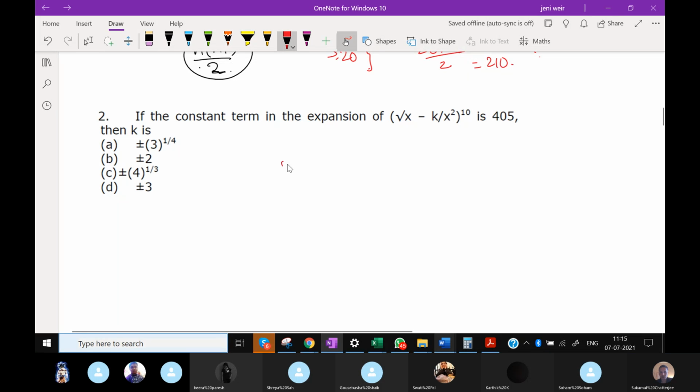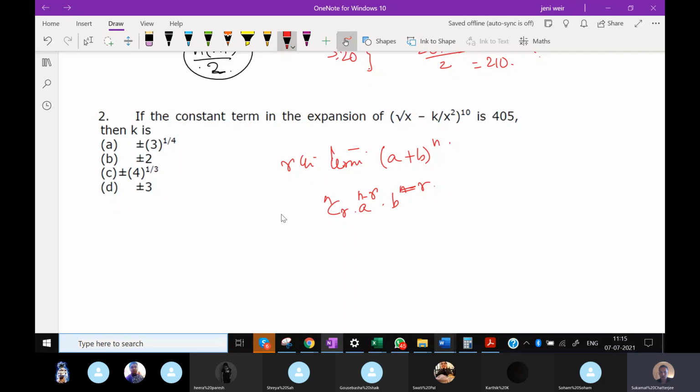Now, the rth term in the expansion of a plus b to the power n is nCr into a to the power n minus r into b to the power r, right? This is the standard.